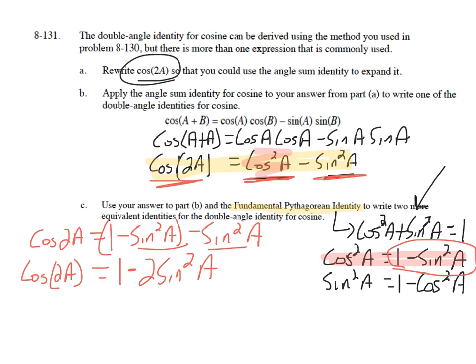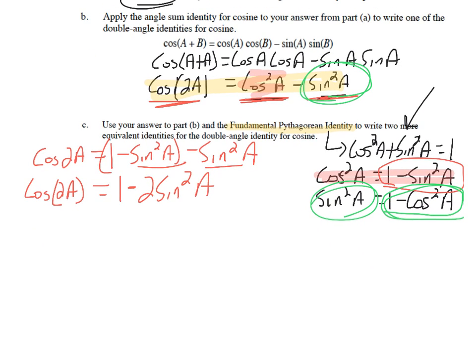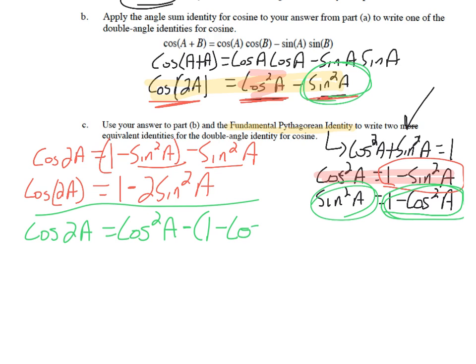Let's do something similar, but let's take 1 minus cosine squared and put that in for sine squared. So starting out again, cosine of 2a equals cosine squared a minus, I'm going to subtract from that a 1 minus a cosine squared a. Now I'm going to have to distribute that minus sign.